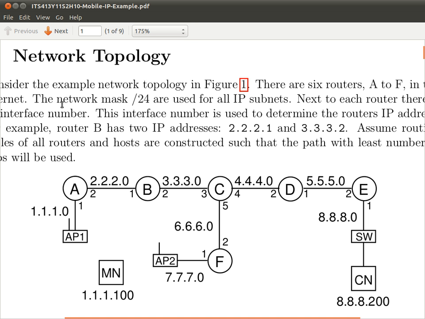RA. In figure 5 in the handout, the router advertisement is also an ICMP packet. So you don't have to draw these, they are in the handouts. This is a router advertisement. It's an ICMP packet of a different type to the router solicitation.